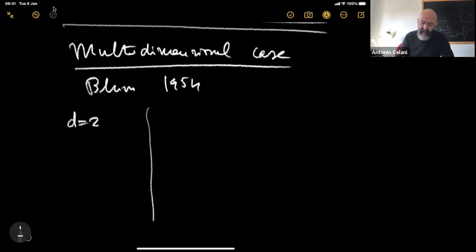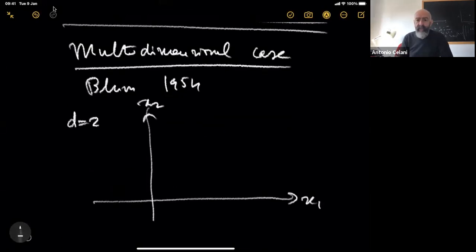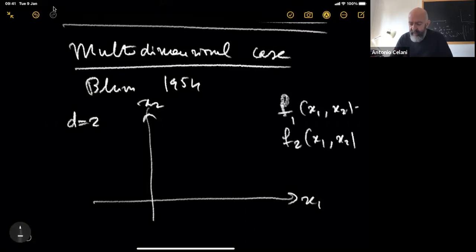Suppose that we now have 2 variables, x1 and x2, and we have 2 functions: a function f1 of the variables x1 and x2, and a function f2 of the same variables, and we want to set them both to 0. So we have a system of equations.